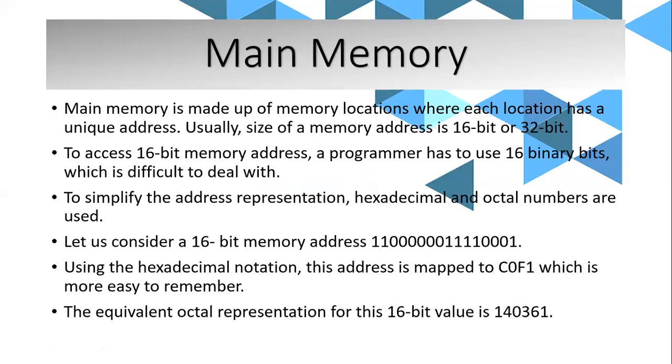Now the size of the memory address is 16-bit or 32-bit. To get access to a 16-bit memory address, a programmer has to use 16 binary bits, which is very difficult to deal with. So to simplify the address representation, hexadecimal and octal numbers are used.